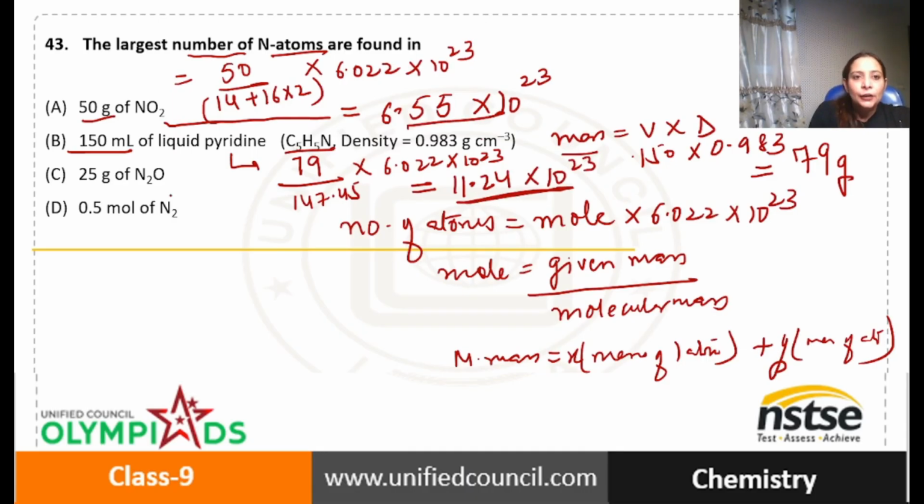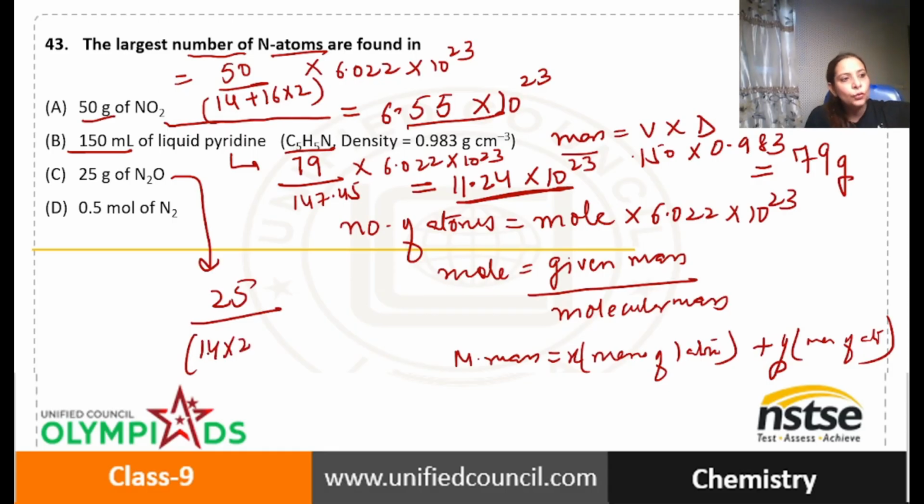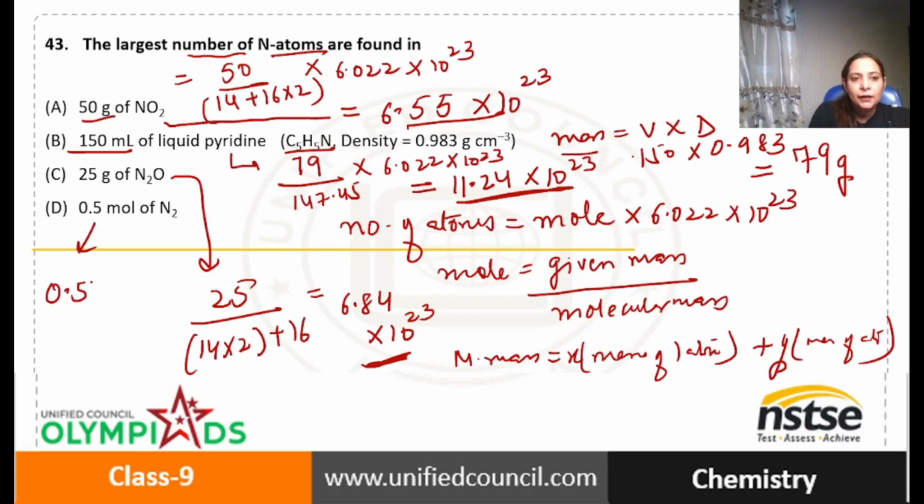For the third, you already have the mass, so 25 divided by 14 into 2 plus 16. If you find it for this, you will get your answer as 6.84 into 10 raised to power 23. So this is for the third one. In the same way, you already have the moles given, so you don't have to find moles.